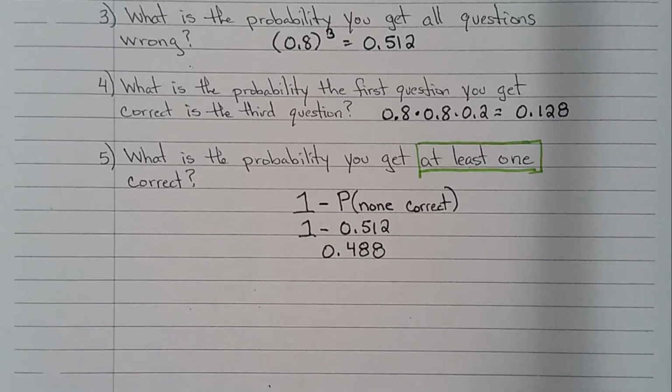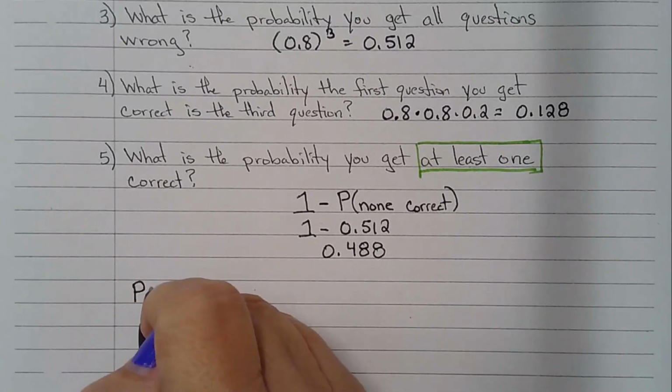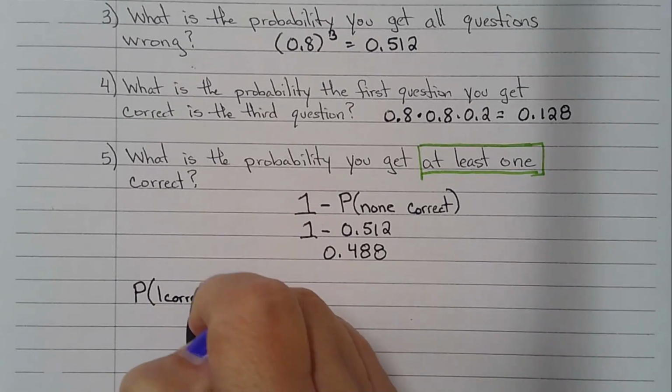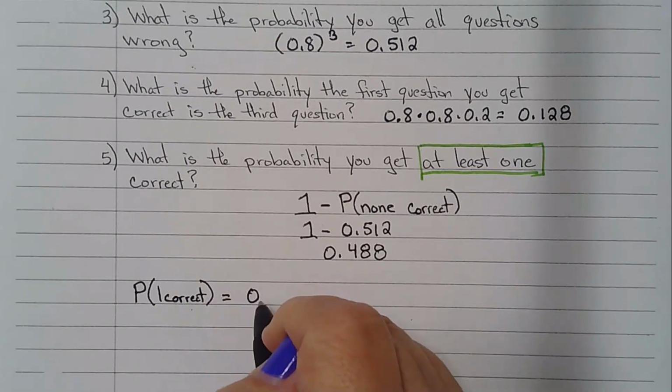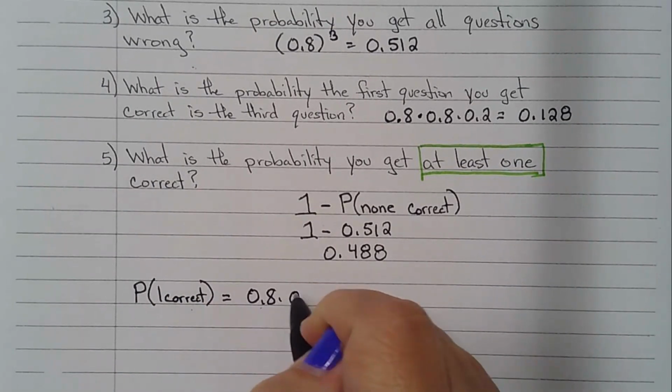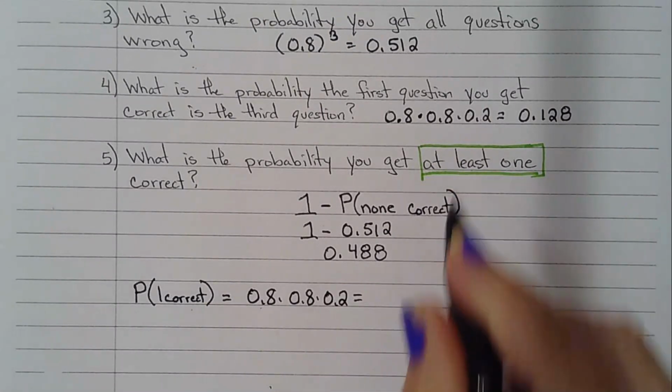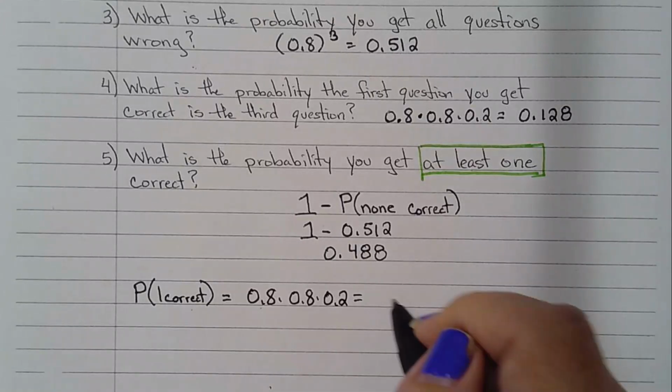So let's find the probability of getting 1 correct. So if you got 1 correct, that means you got wrong and wrong and correct, which is the same thing we did in number 4, 0.128.